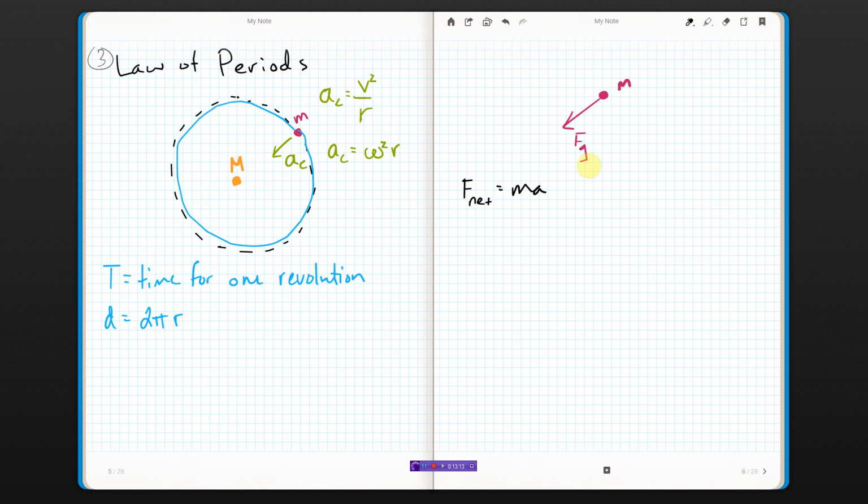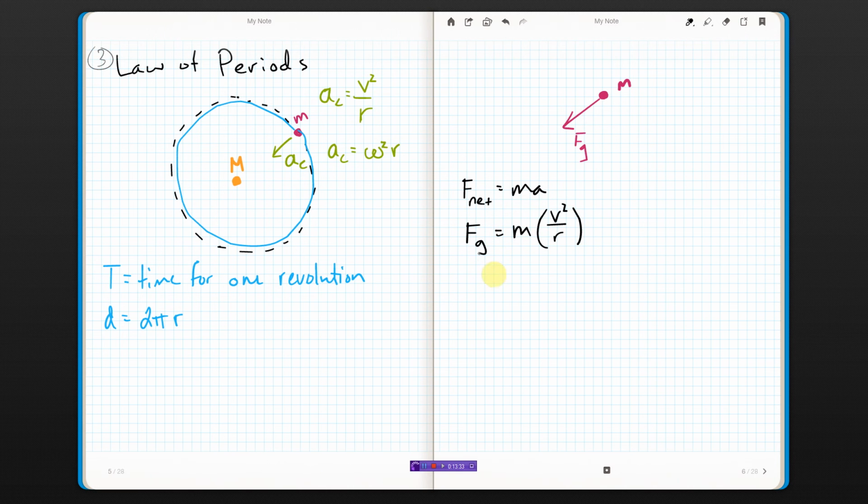The only force is the force of gravity, so that becomes my F net. My mass is m, and the acceleration is not 0 because it is accelerating. The acceleration is the centripetal acceleration, v squared over r.